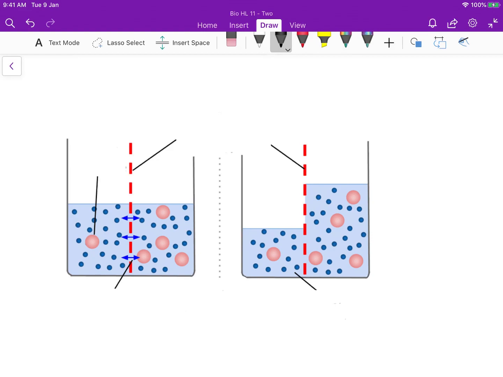So stop the video and see if you can label all of the features down on this diagram and predict which way water will be moving and why it will be moving that way.